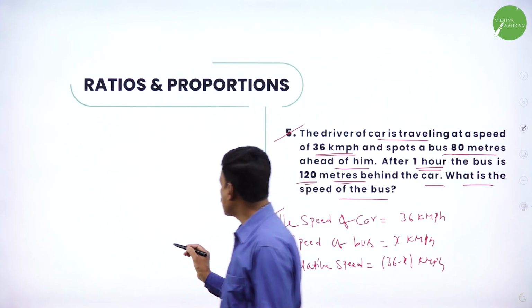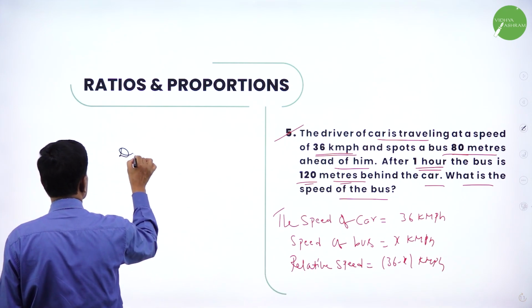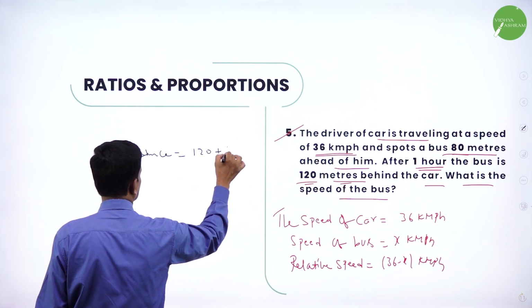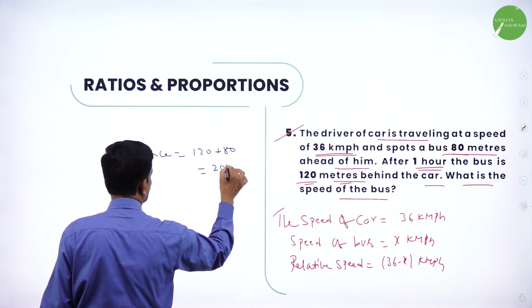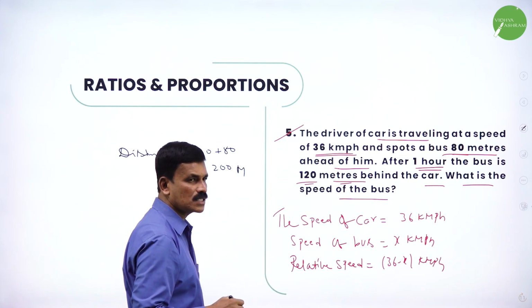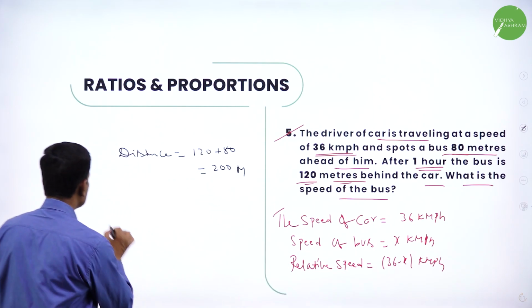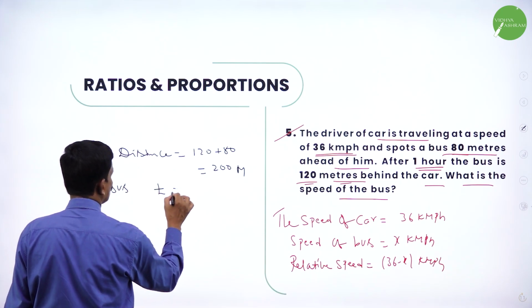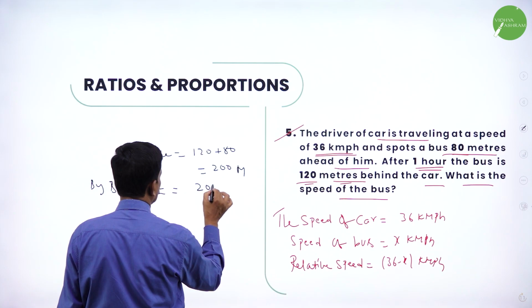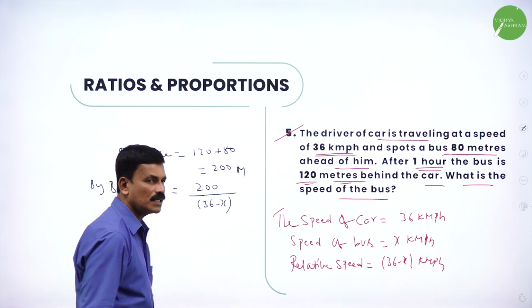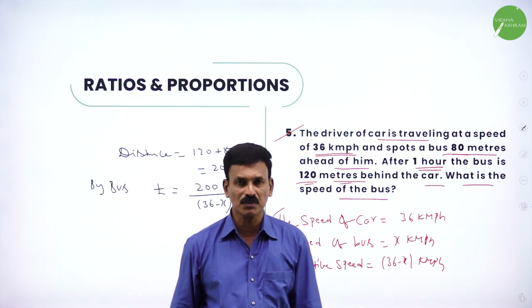Now, just write the distance traveled. Distance is equal to 120 plus 80, that's equal to 200 meters. 200 meters is the distance traveled, right? By bus, t is equal to 200 divided by the relative speed 36 minus x, 200 by 36 minus x.